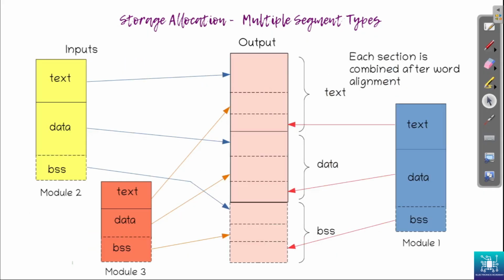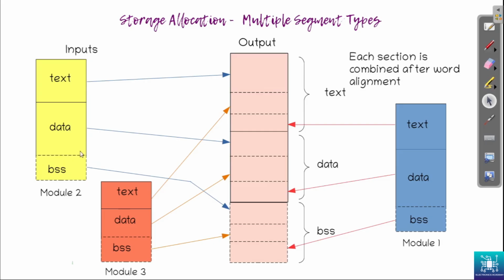Now this is a slightly more complex diagram from whatever we saw. Previously we assumed that it's just a flat file with code, and we integrated all the 3 files into one, and we talked about the address and how the addresses are moved around. But in this case, every file has a text section, data section, and a BSS section.